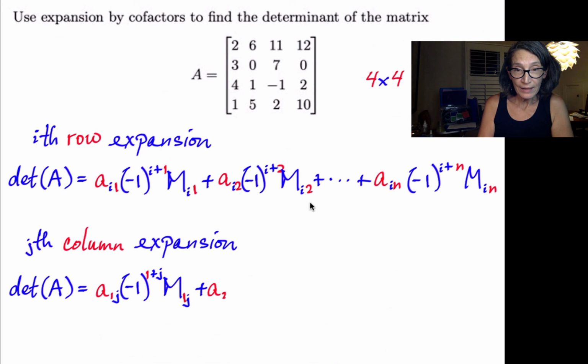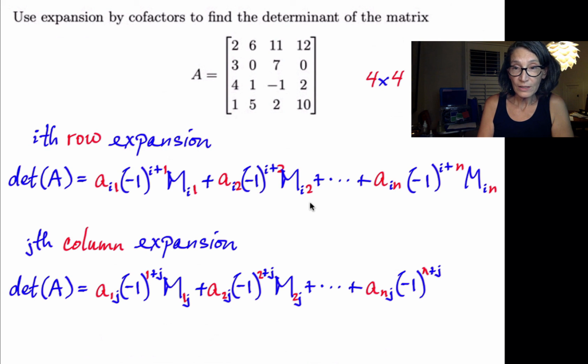And you keep doing that. The second entry is a_2j times negative 1 raised to the 2 plus j times the M_2j minor, all the way up to the very last entry times negative 1 to the n plus j times the M_nj minor.